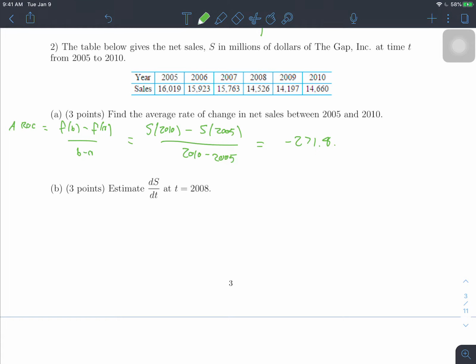Okay, so what that really means in terms of the problem is that between 2005 and 2010, sales decreased on average 271.8 per year. Okay, so this is going to be sales per year.